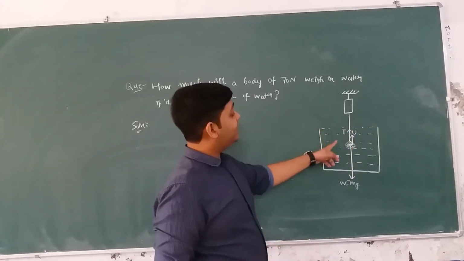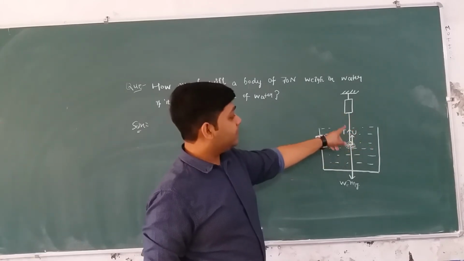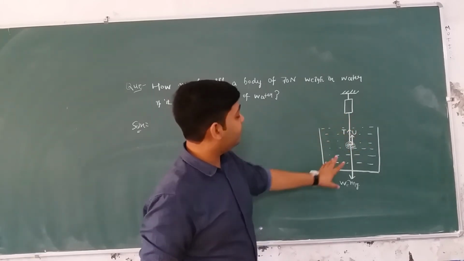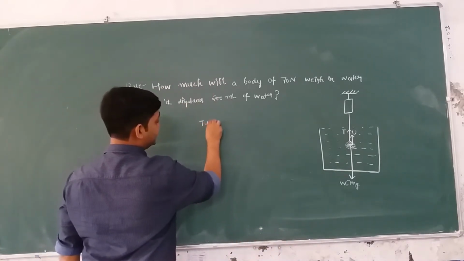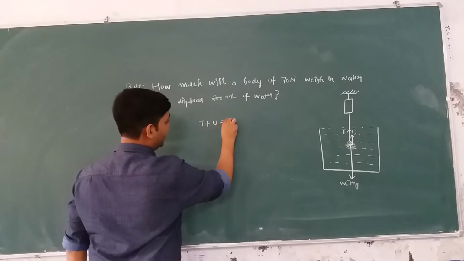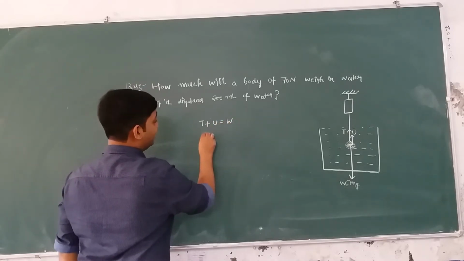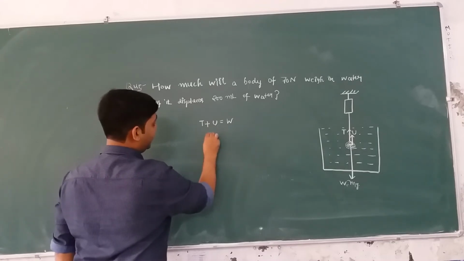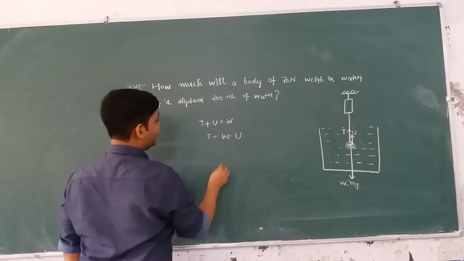So tension in the string is equal to the apparent weight of the body. Since the body is at rest, all the forces on it must be balanced. So we must have T plus U equal to W, where W is the real weight in air. So apparent weight or the tension in the string will be T equals W minus U.